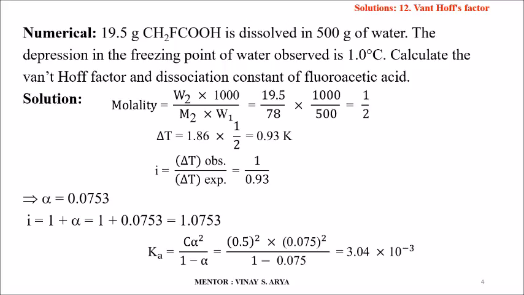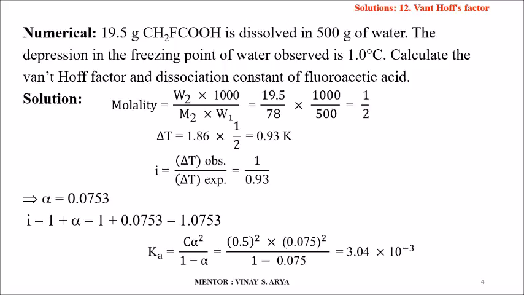So ΔT is equal to 1.86 into half, that is equal to 0.93 K, and i, that is ΔT observed upon ΔT calculated, is equal to 1 upon 0.93. So alpha is equal to 0.0753. i is equal to 1 plus alpha, that is 1 plus 0.0753, that is equal to 1.0753.